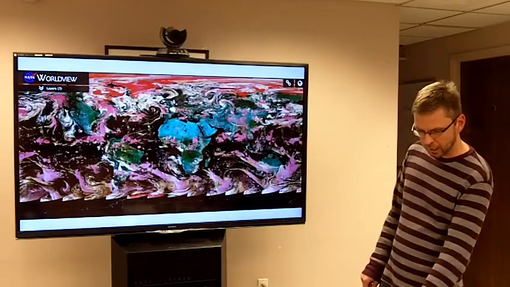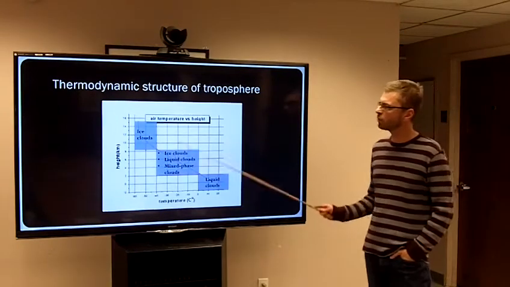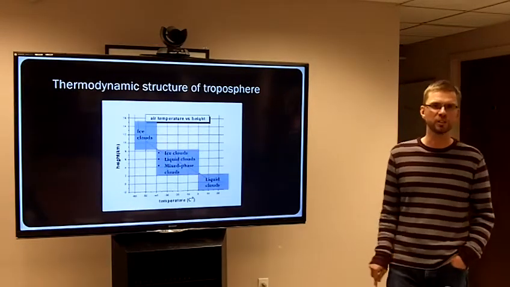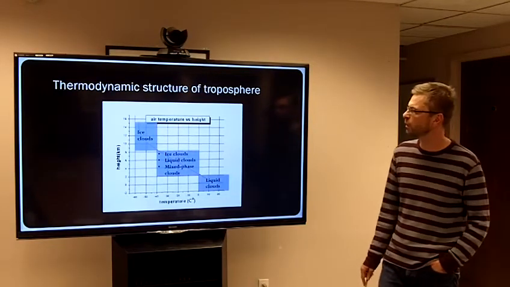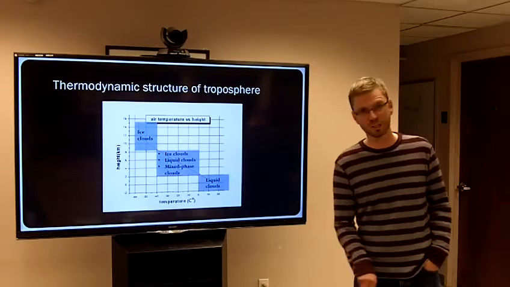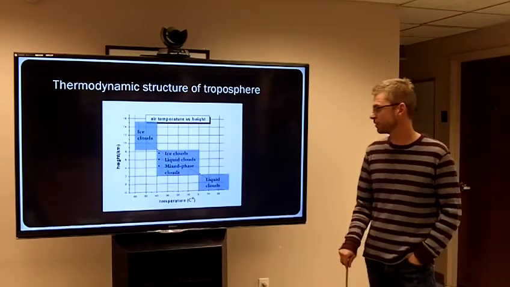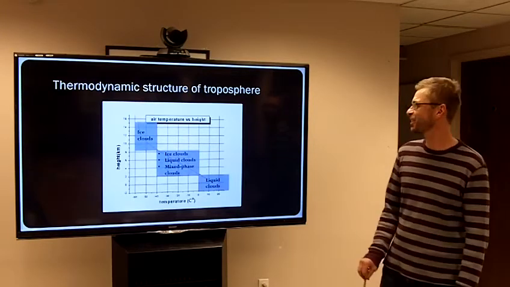So ice clouds form when it's really cold, about -40°C, when homogeneous freezing is happening. And liquid clouds occur above freezing, 0 Celsius.